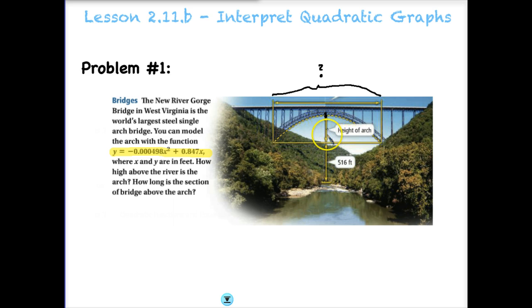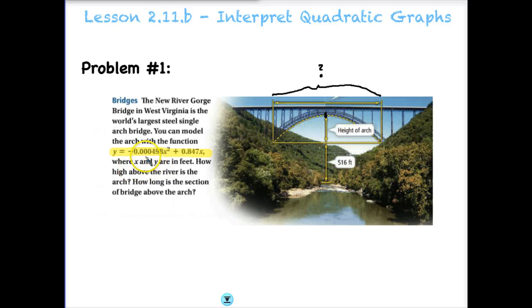If we know this height, then we can sum these two heights to determine how high above the river the arch really is. We can also determine how long the arch is, and I will show you how to do that as well. So let's tap into our knowledge, our toolbox, our skills.